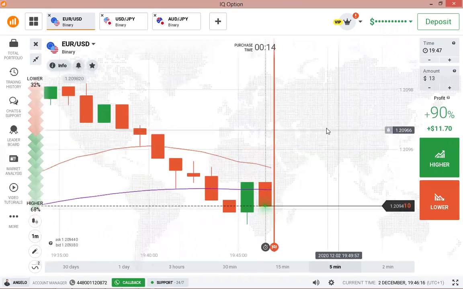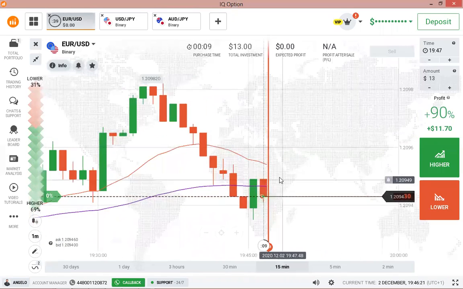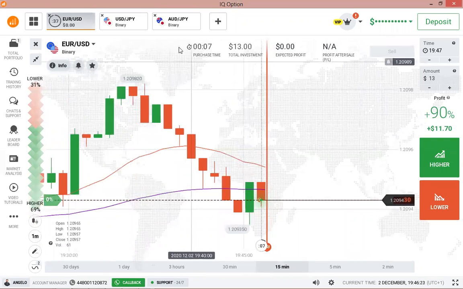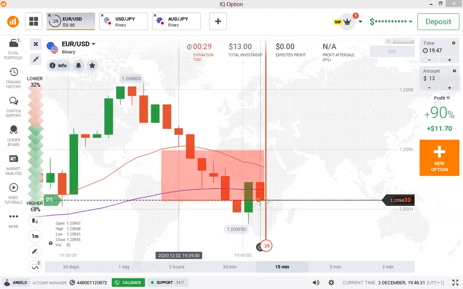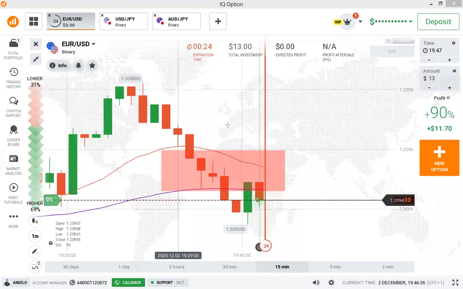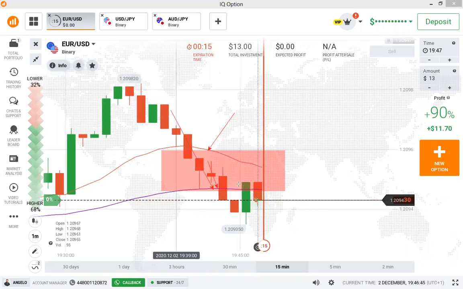I will enter the trade. I think it should go more down. So the reason why I placed a put option here is that I know the market will still go down, because this candle closed in between these two moving averages, the 20 moving average and the 70 moving average, which is an area of resistance, as the sellers did not respect this level in the past.